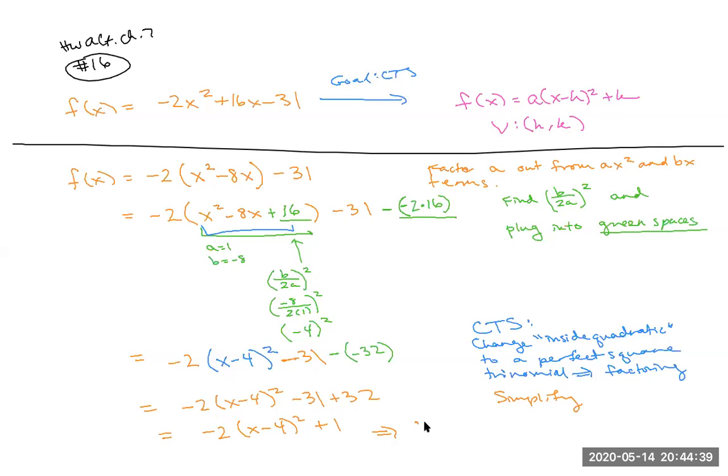So basically what we found is that our function f of x in vertex form is -2 times the quantity x minus 4 squared plus 1. And from there, we can actually find the vertex, which is located at (h, k). H is equal to 4 here, and k is equal to 1.